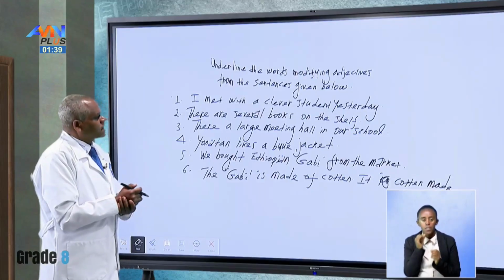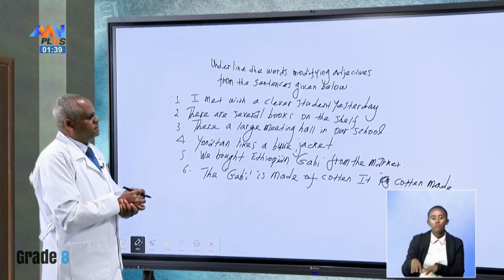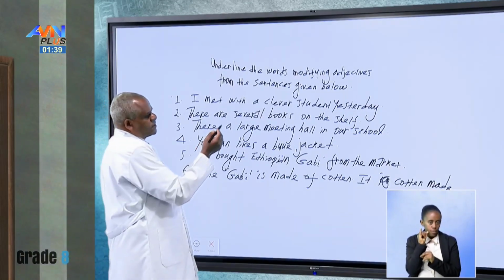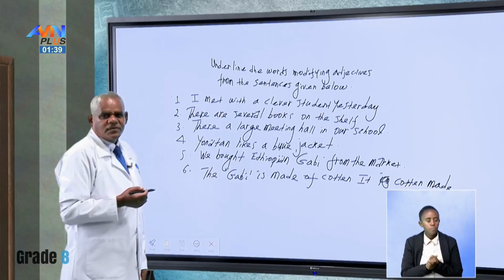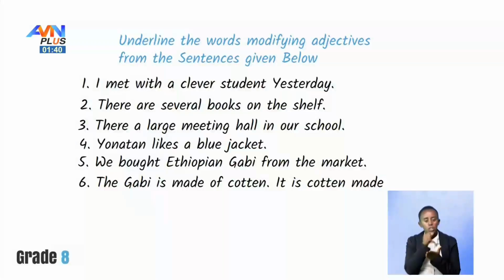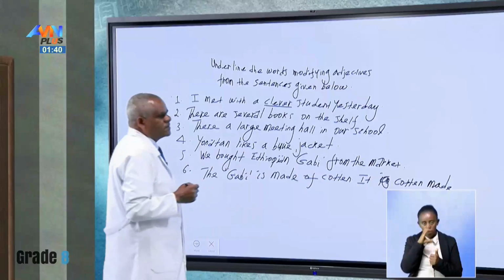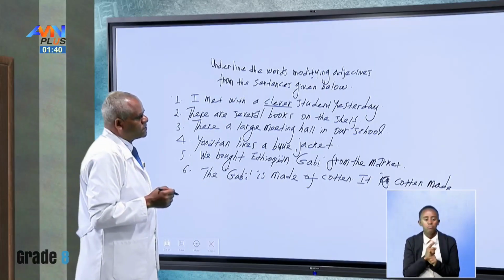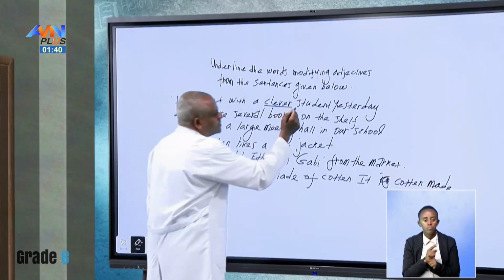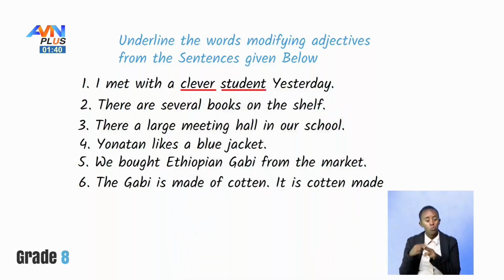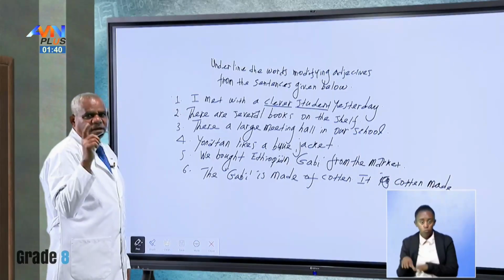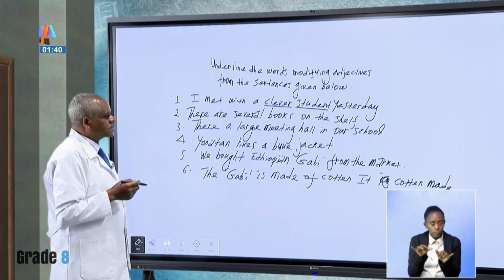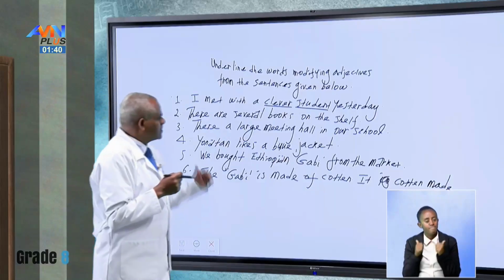I met with a clever student yesterday. Which do you think is the quality adjective? Of course, clever. Definitely. What comes next to it? There is a word, student. It's a noun. So, clever student. Have you underlined in such a way? That's interesting.